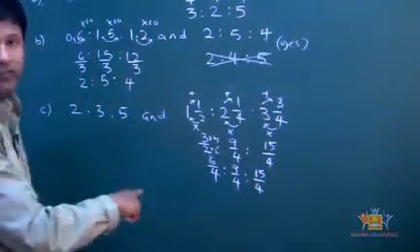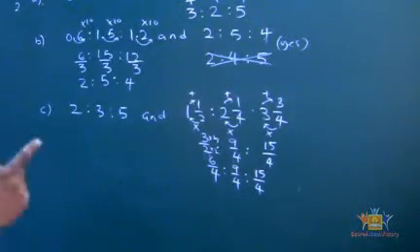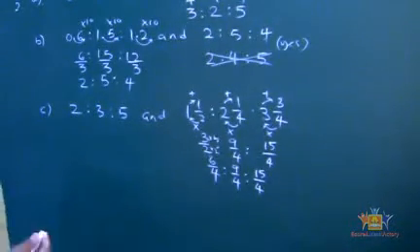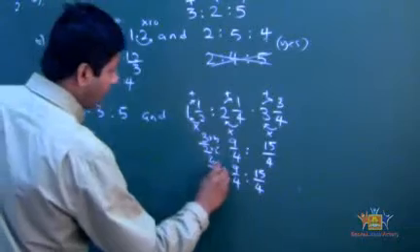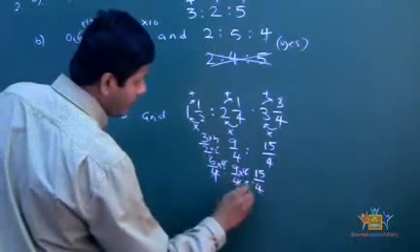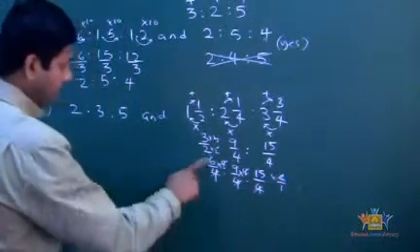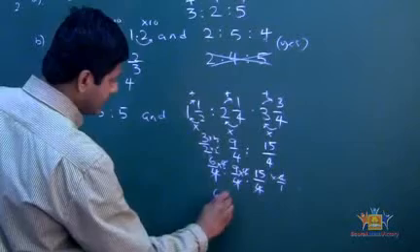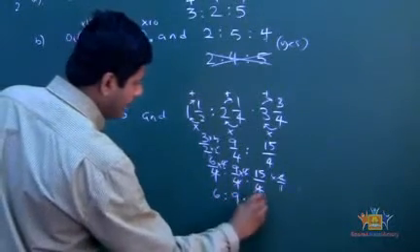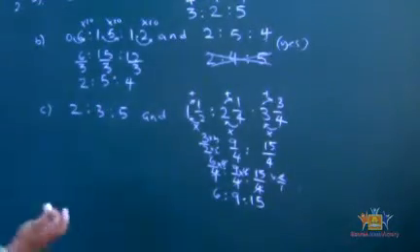Now they all have a common denominator. So what can I multiply all these 3 by to make them whole numbers? How about if I multiply by 4? See that? Because 4 and 4 will cancel out, 4 and 4 will cancel out, 4 and 4 will cancel out. So that makes it 6, 9, and 15. See, now it became whole numbers.